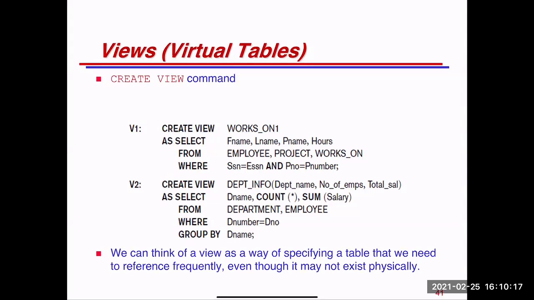And how are we creating it? We're creating it as the result of this select statement here. So that's what this as select means. It has 4 attributes, and we're selecting from these 3 tables that we're joining using these 2 join conditions down here.